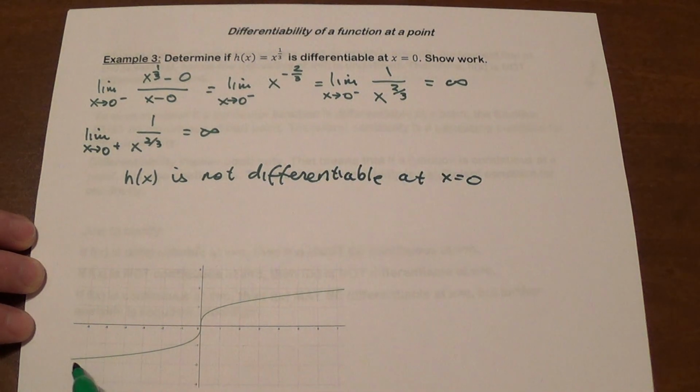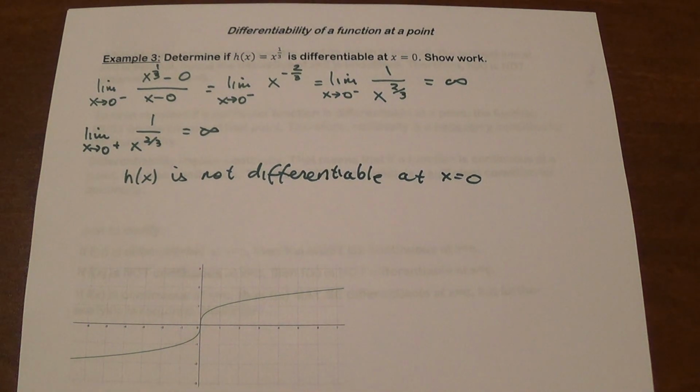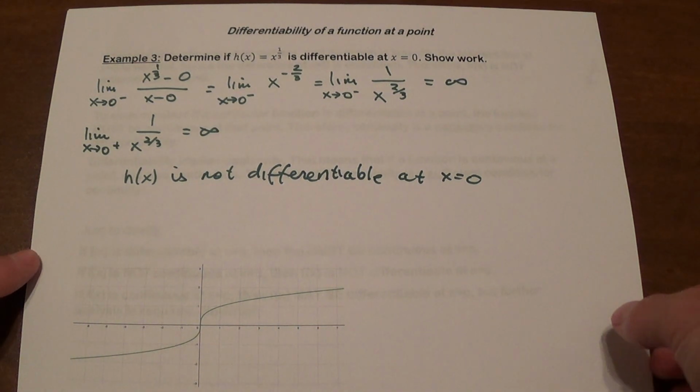So the graph of this function looks like this, and what happens is at 0 you are actually going to have a tangent line that is vertical, and a vertical line has undefined slope. So even though this function is continuous everywhere and it is smooth everywhere, this function is not going to be differentiable at that point because you have a vertical tangent line, if you think in terms of that.